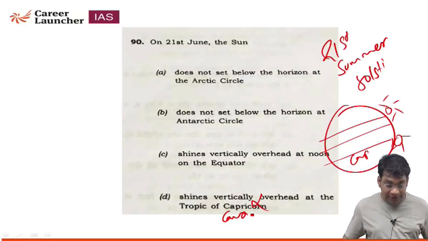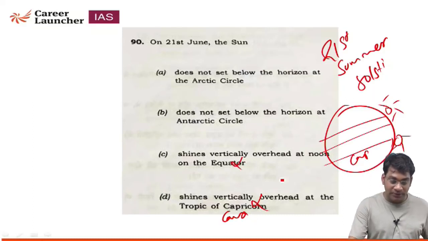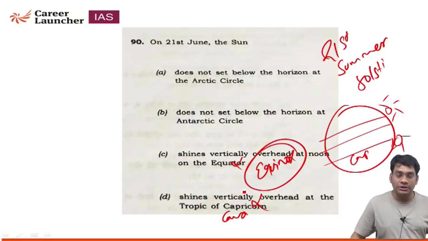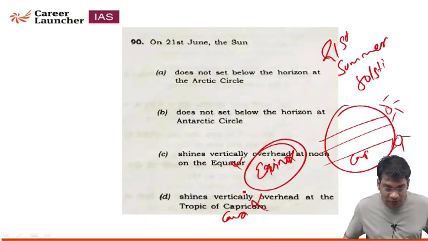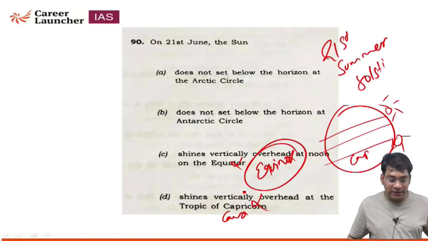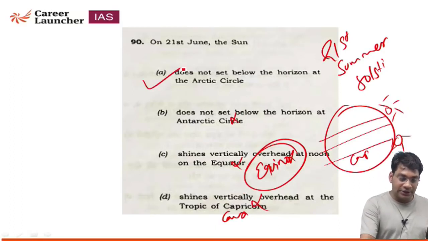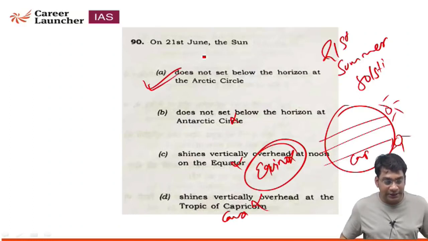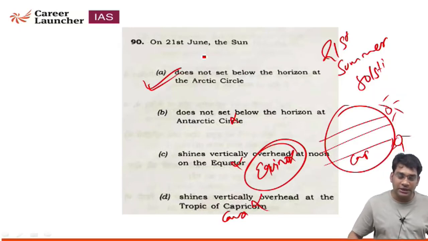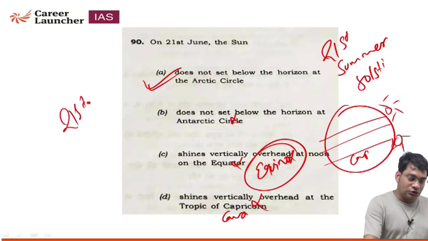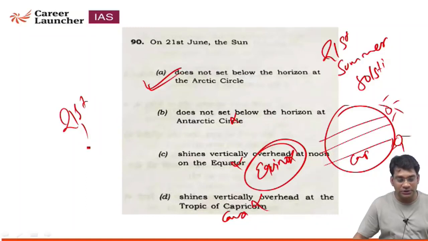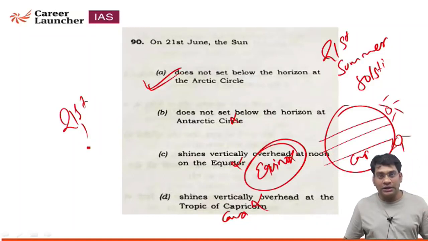Stands vertically overhead at noon on the equator. That is also incorrect, because it is the time of equinox when the sun is directly overhead at the equator. Does not set below the horizon at the Antarctic circle. Okay, it is also incorrect, and the correct statement is A. It does not set below the horizon at the Arctic circle, because beyond the Arctic circle during 21st June, the summer solstice, the area experiences continuous daylight.